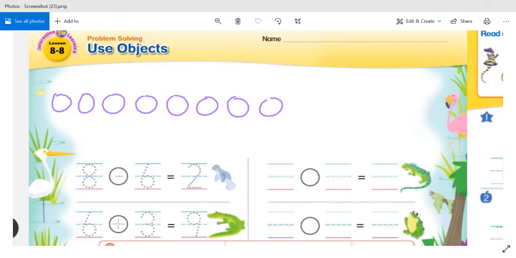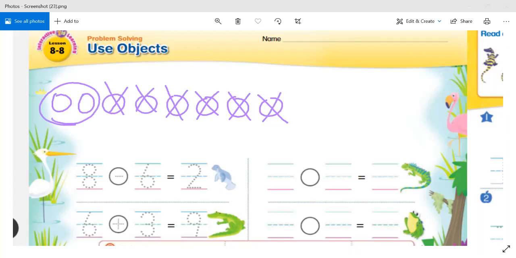6 manatees swim away. So how many counters should we take away? 6. So I'm going to draw an X in 6 of these counters. That's 4, 5, and 6. So how many counters are left? 2, right?